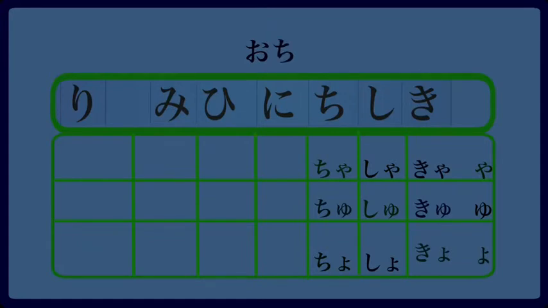Some words that would use these sounds, for example, we have ocha. Ocha is the Japanese word for Japanese tea. O has a feeling of it being honourable or very, very important. Cha literally means tea. Ocha, Japanese tea.